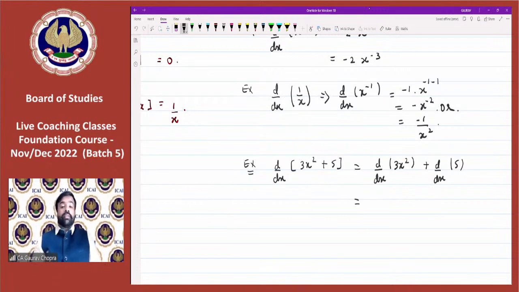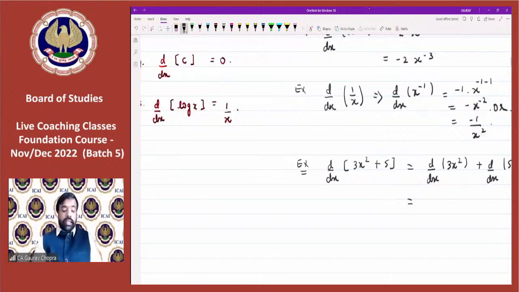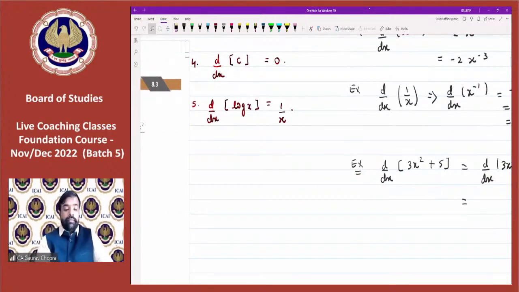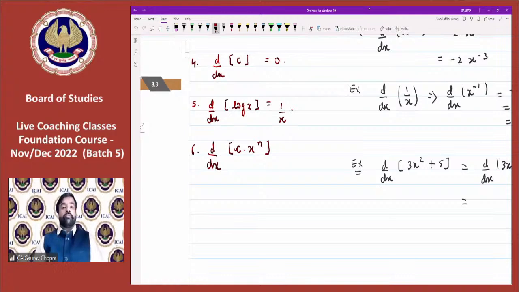Now, what is the derivative of 3x square? This is the important thing again. Here, the constant is getting multiplied with a variable. So let us write this in formula terms as well. d by dx of any constant c multiplied by x to the power of n. Whenever the constant is getting multiplied with the variable, the constant will remain as it is, and then the formula of x to the power of n will apply.